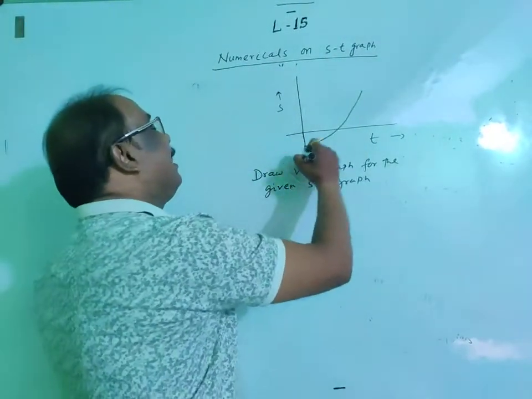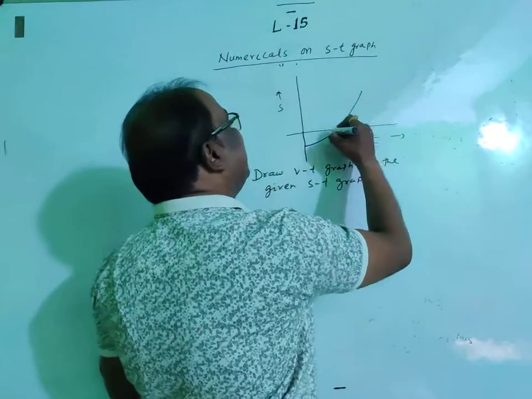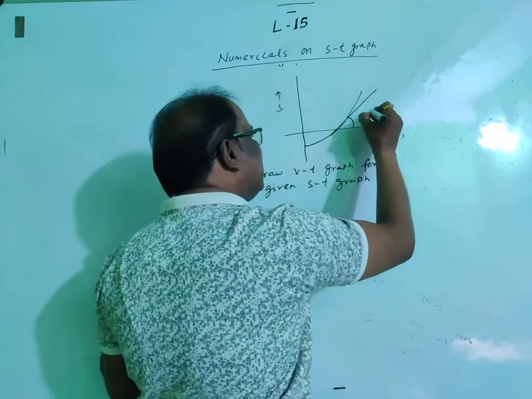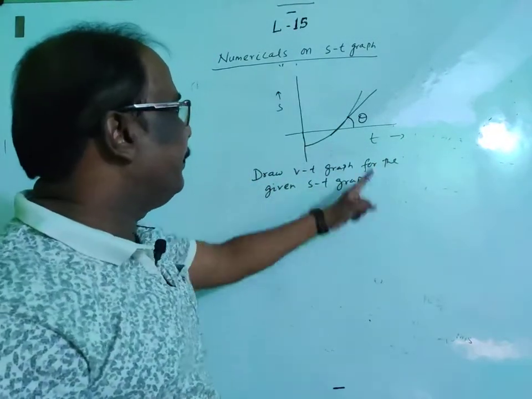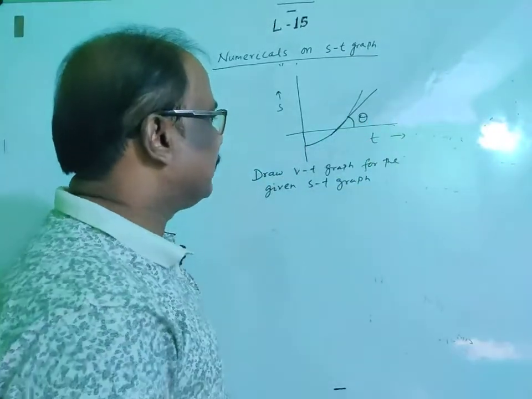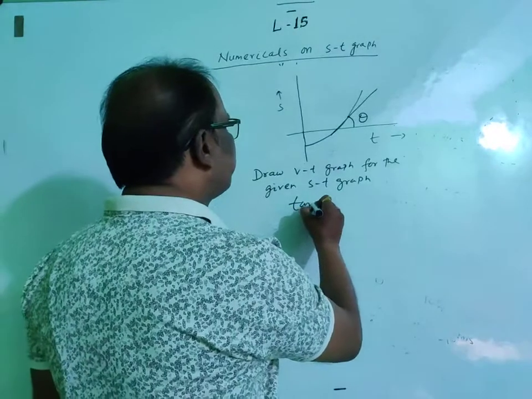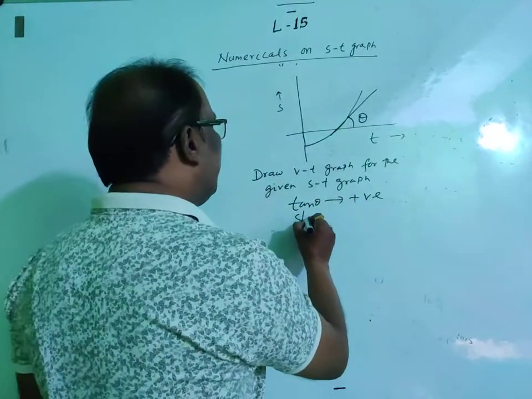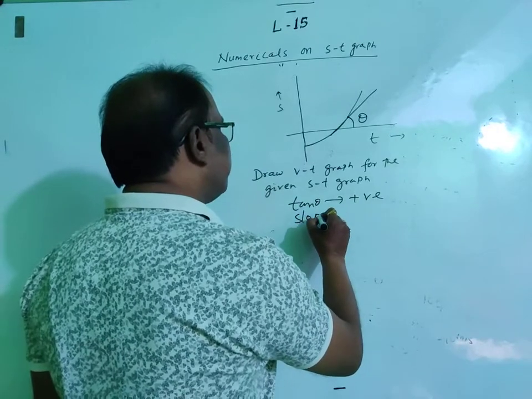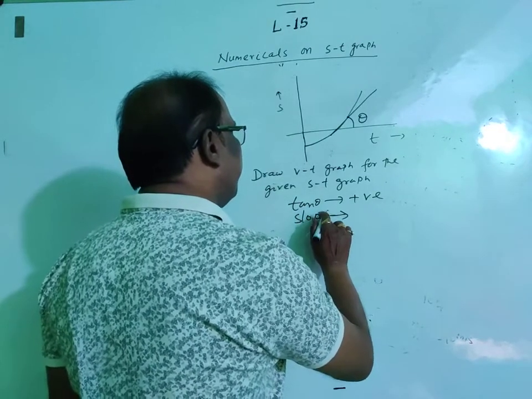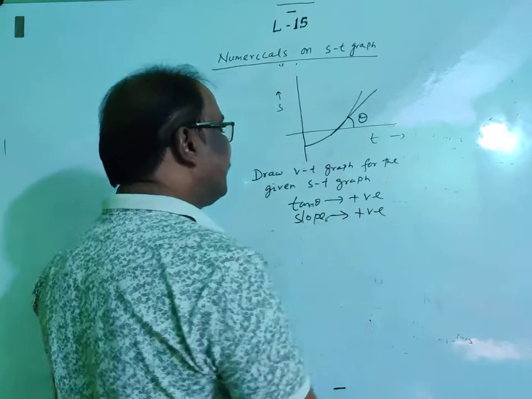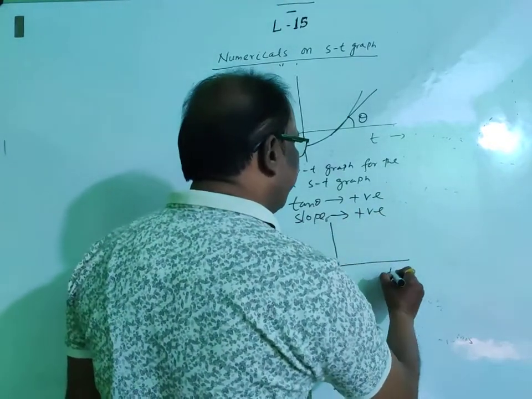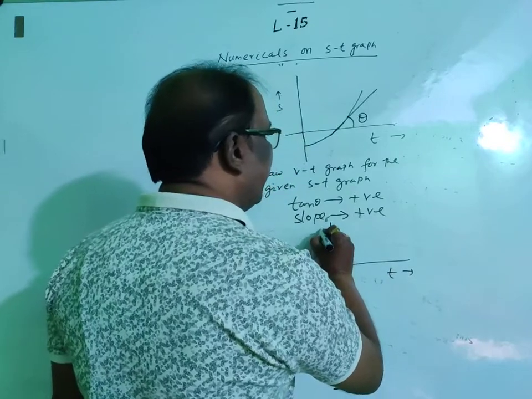See, the graph is a curve and this is the time axis. Just draw a tangent. Here the tangent makes a constant angle with the time axis, and here tan theta is positive, meaning the slope is positive. Okay, and the velocity time graph is now made easier. Time, velocity.